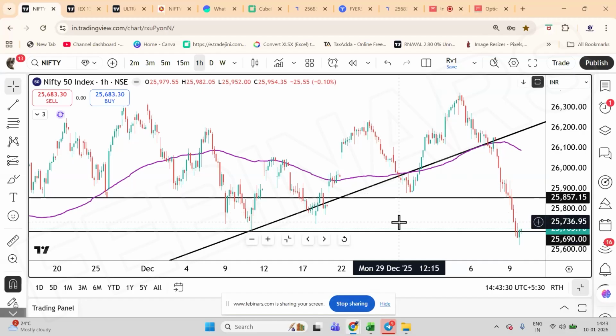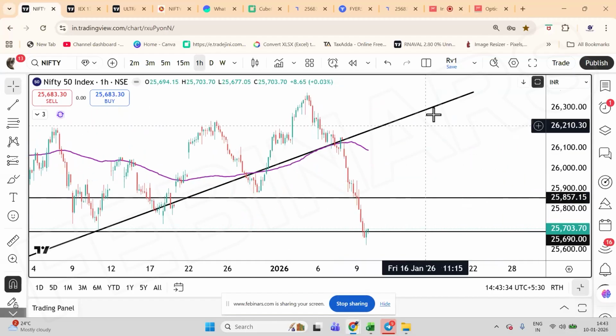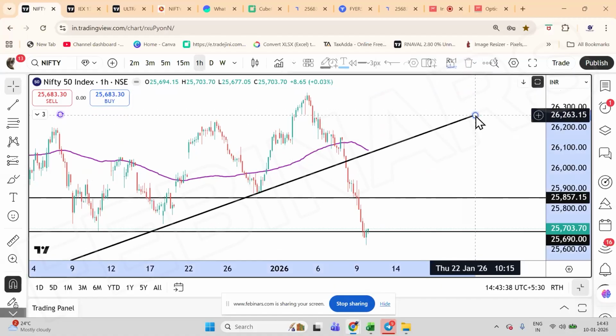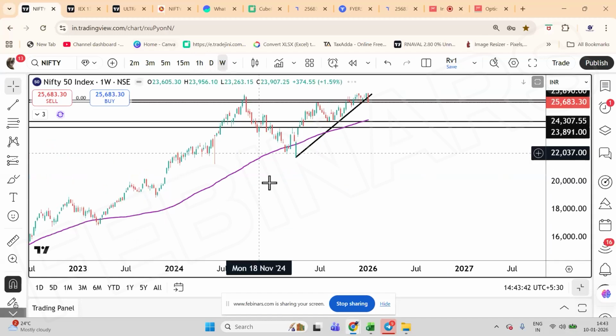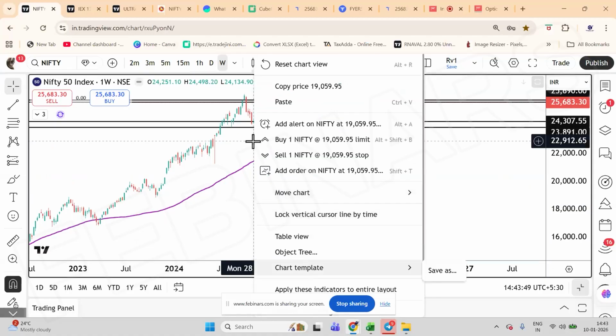So this is what the structure of the market is hinting. What is the larger degree picture? I am going to show you a structure of markets, what can happen from the Elliott wave perspective.